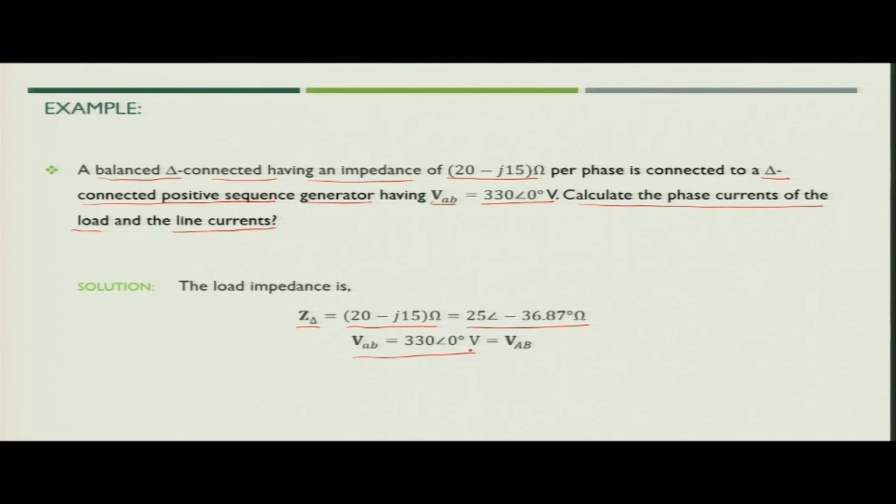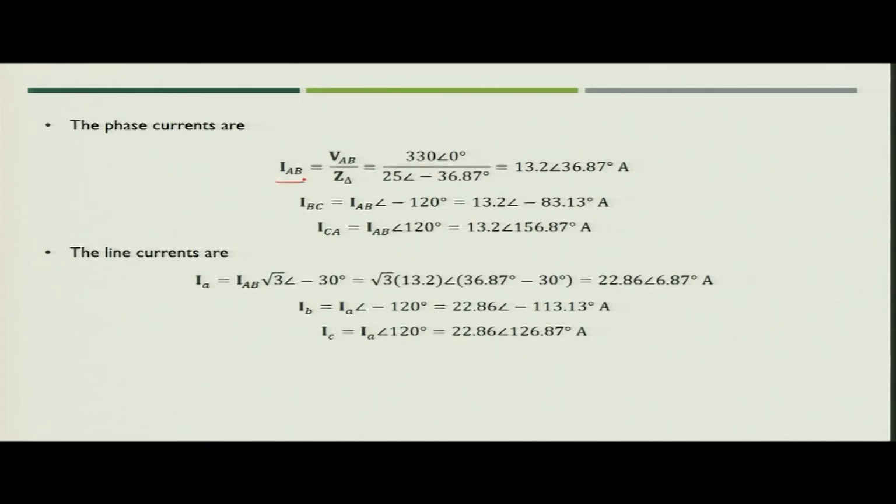VAB is given as 330 angle 0 degree. In case of a delta delta connected circuit, VAB will be equal to the voltage across the load. So, IAB we can calculate as VAB divided by Z delta. Now, we put the value of VAB as 330 angle 0 degree, and Z delta will be 25 angle minus 36.87.